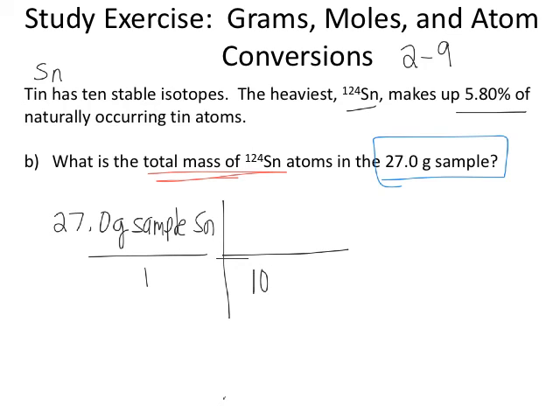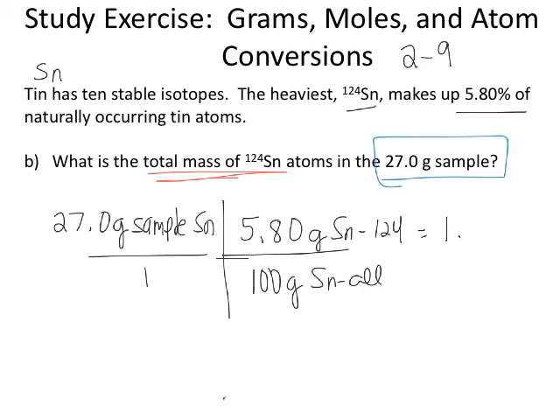So you've got all the tin isotopes, basically, for 100 grams of all the tin isotopes, you have 5.80 grams for tin 124. And so when you do 27 times 5.80 divided by 100, that gives you 1.566 grams of tin 124.